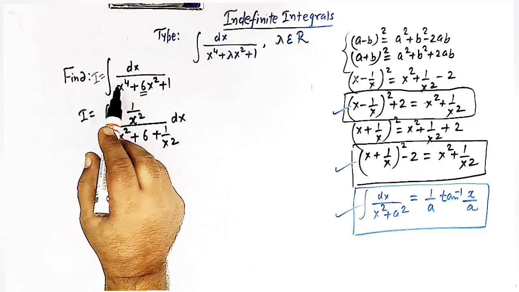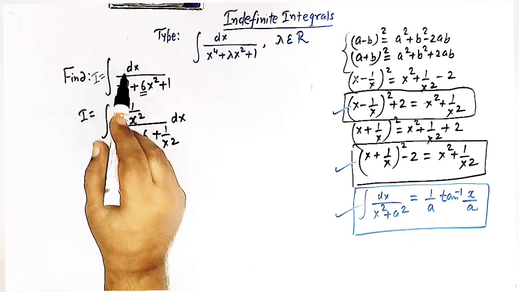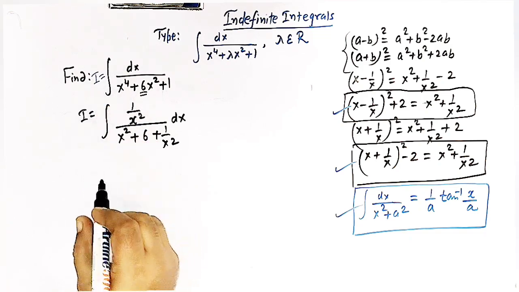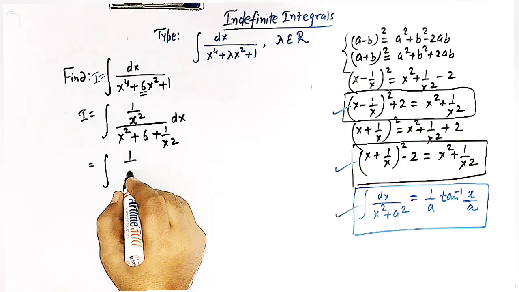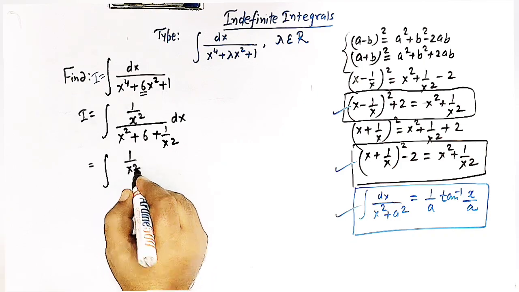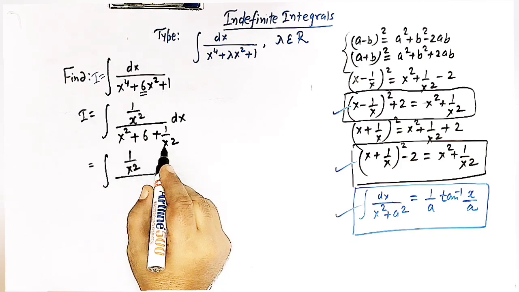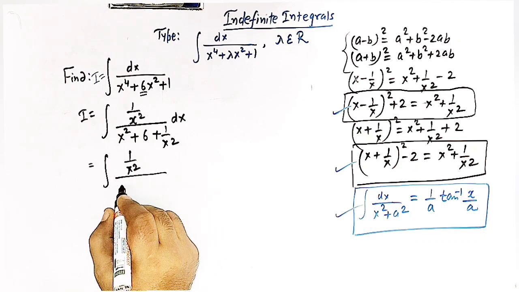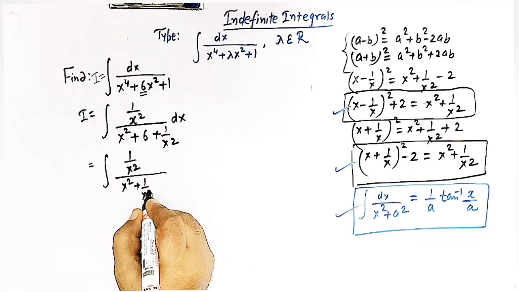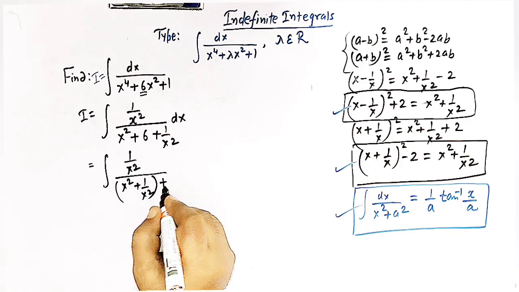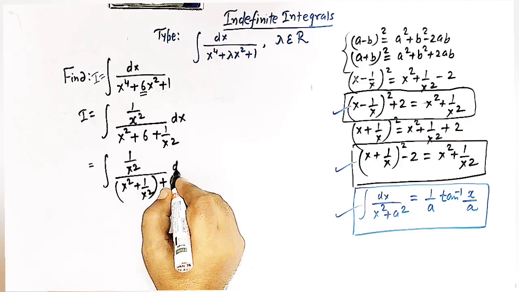So what we have done here, we have divided the numerator and denominator by x square. So now we can write 1 over x square, and here we can combine these two terms together. So we have x square plus 1 over x square, and here we have plus 6, right?